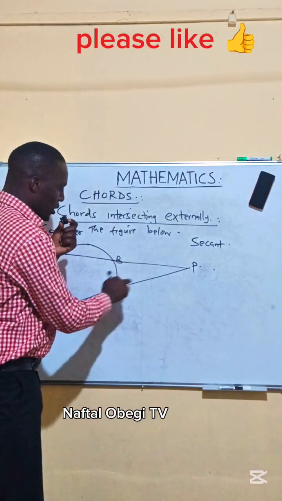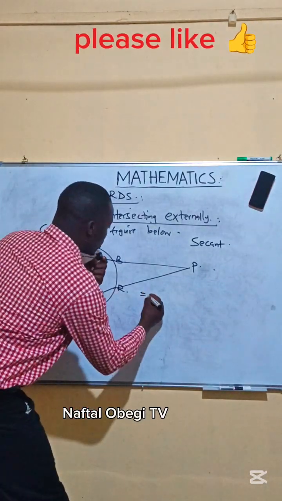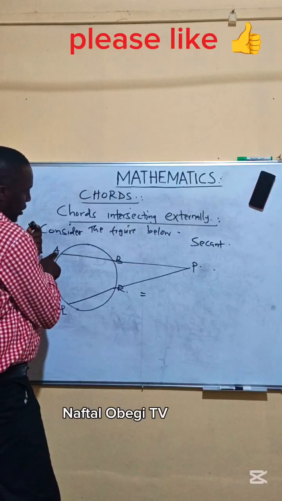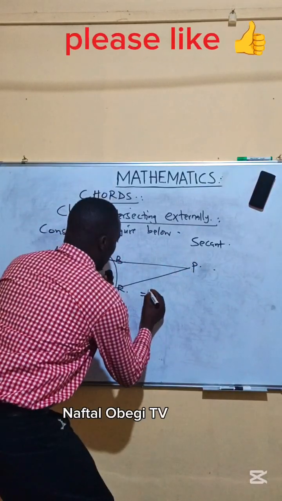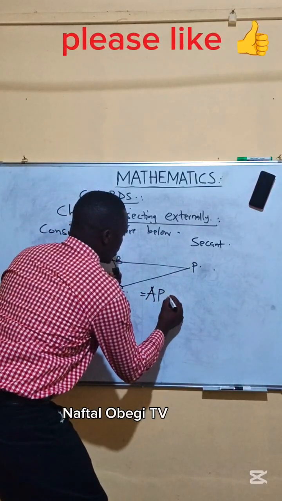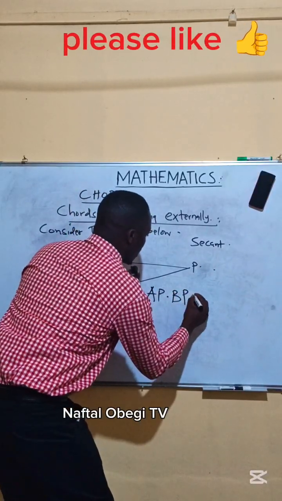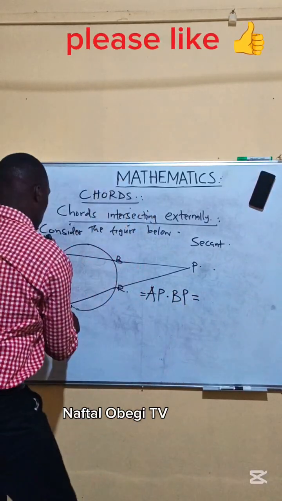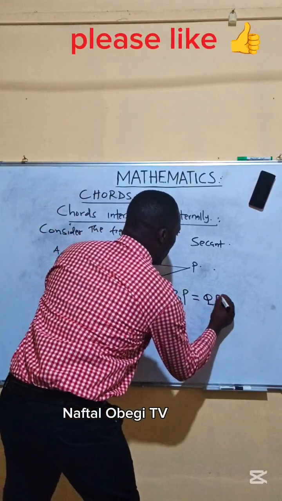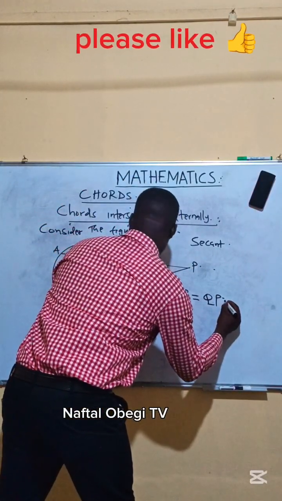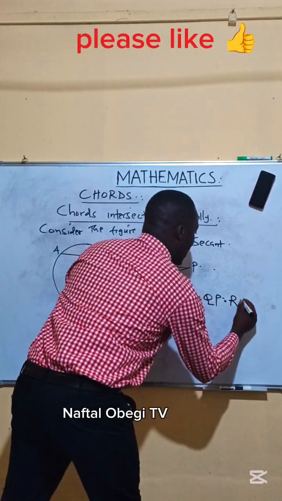Now, given the two lines, we use this relationship. When you multiply the distance AP multiplied by BP will be equal to QP multiplied by RP.